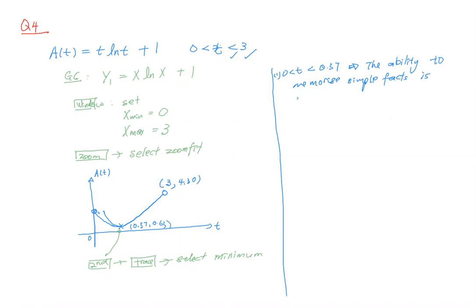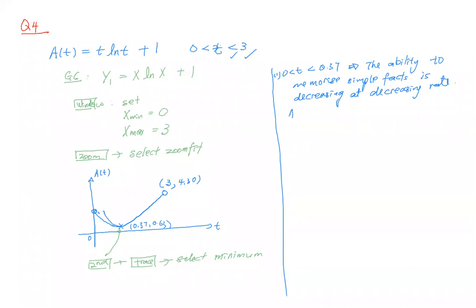Decreasing. Okay, if you just put decreasing, it's fine. But if you can say decreasing at a decreasing rate, that means it decreased but becomes slower and slower. So that is the first part.